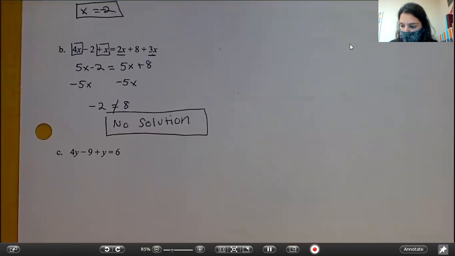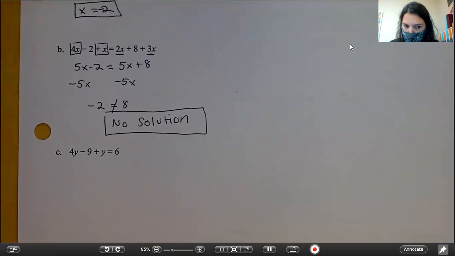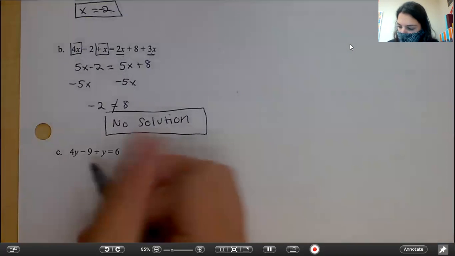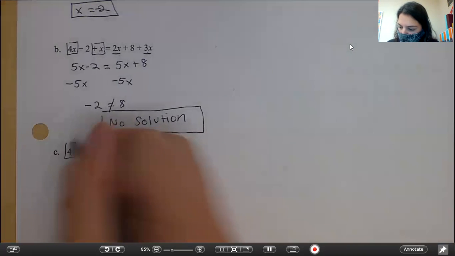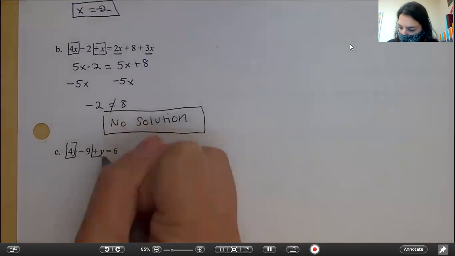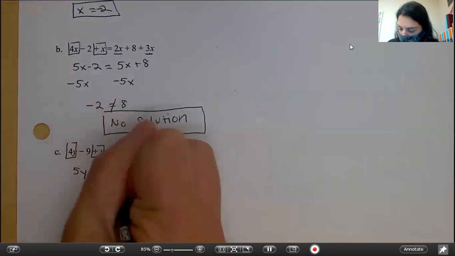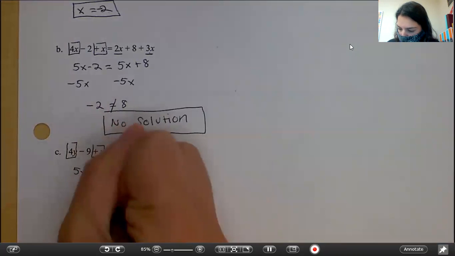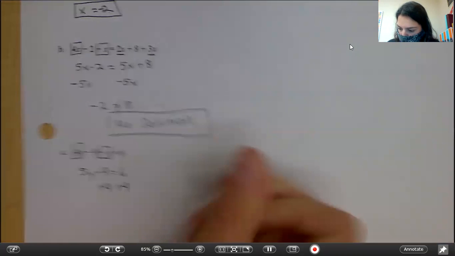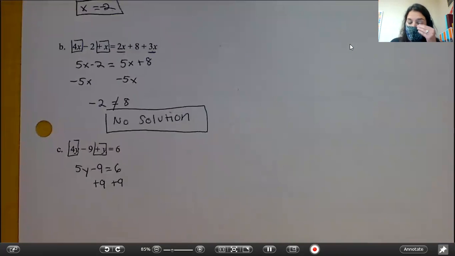And now we have 4y minus 9 plus y equals 6. So 4y plus y give you 5y minus 9 equals 6. Add 9. And then I would like you to solve it from here and try your check step.